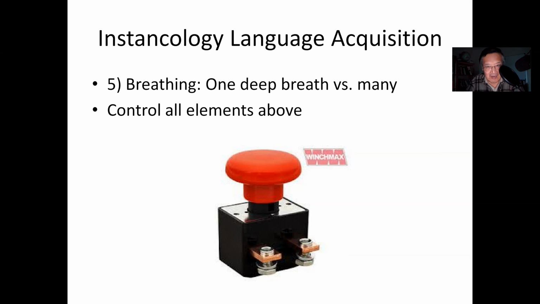That's how you speak English. But for Chinese, there's no such rule. You can stop or change the breathing at any point, anywhere when you talk. So beware of this big difference.